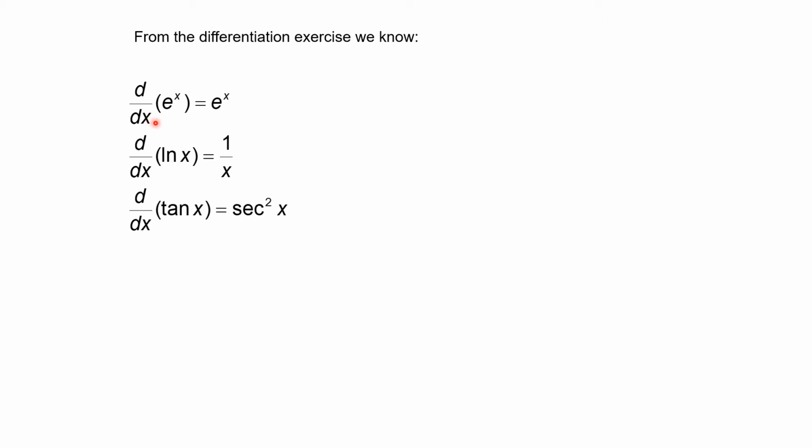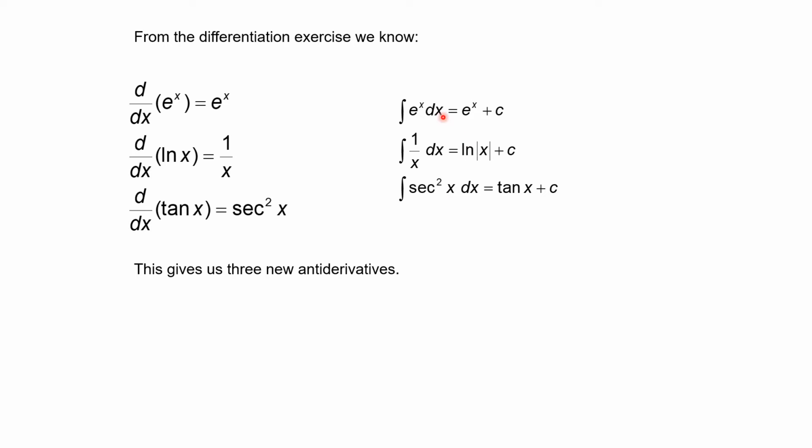From the differentiation exercise for the past 2 weeks, you are aware that when you differentiate e to the power of x, you get e to the power of x. When you differentiate ln x, you get 1 over x. If you differentiate tangent, you get secant square. So therefore, integrating e to the power of x will result in e to the power of x, integrating 1 over x will give you ln x, and integrating secant square will give you tangent.